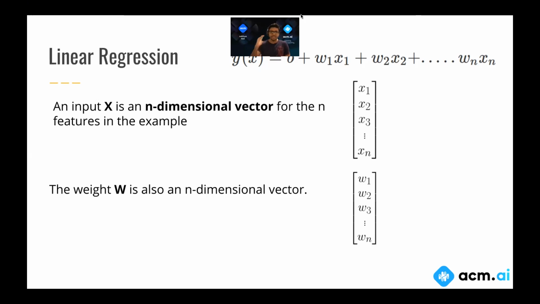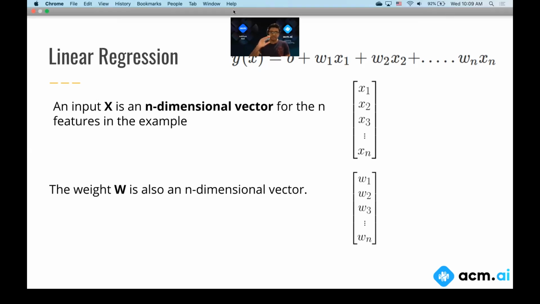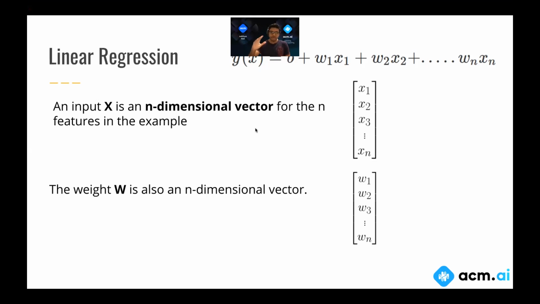Every single feature will have a corresponding input value, x1 to xn, and that can be essentially anything. For example, how old the house is will have some value, and the number of rooms it has will have another value. The weight is also an n-dimensional vector.